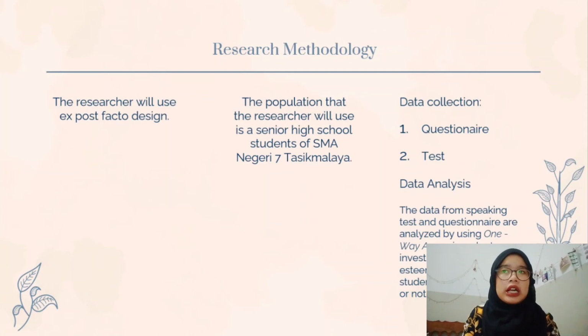The questionnaire is used to measure the students' self-esteem, and a simulation technique is used to assess the students' English speaking ability. And the test will be used to determine the speaking ability of the population, adapted from a student handbook based on the appropriate curriculum.